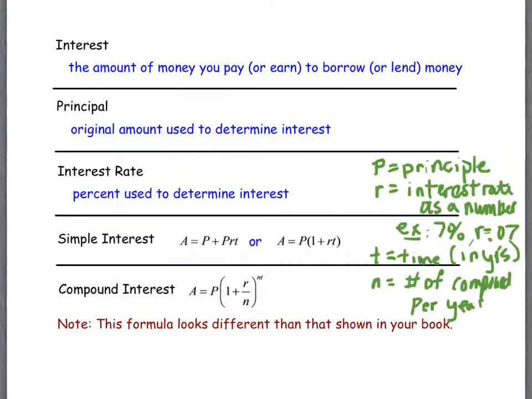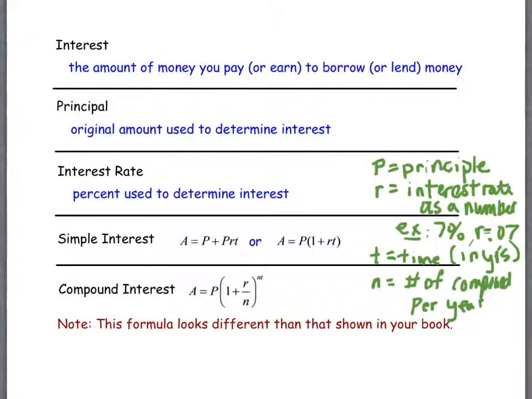So what does that mean? If something says it's compounded monthly, you figure out how many months are in a year, and the answer is 12, so N would be 12. If it said compounded quarterly, how many quarters are there within a year? 4. That's what we mean by the word quarter, right? 4 quarters in a dollar, 4 quarters in a basketball game.